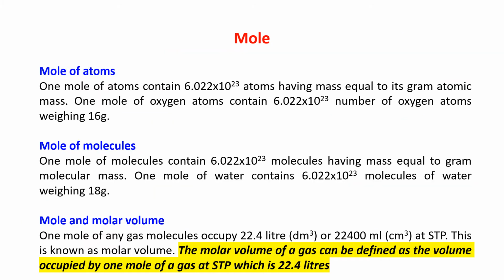Mole of atoms. 1 mole of atoms contains 6.022 into 10 to the power 23 atoms, having a mass equal to its gram atomic mass.